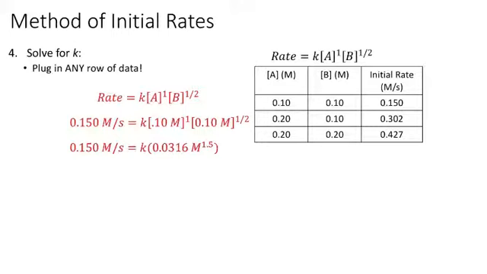So we get 0.15 molarity per second equals k, 0.1 to the first power times 0.1 to the 1/2 power, which is 0.15 equals k times 0.0316 molarity to the 1.5 power. Solving, we get k equals 4.74, and you'll note the units. Molarity to the minus 1/2, seconds to the minus 1.